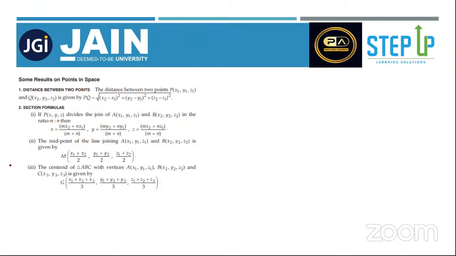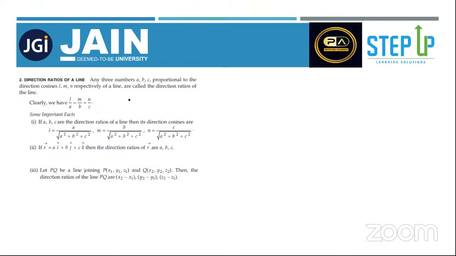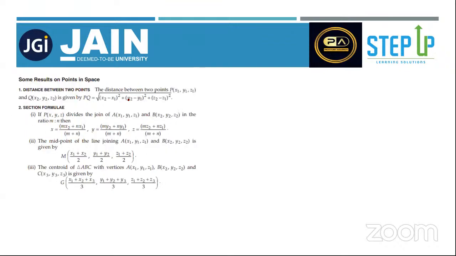Coming to the distance formula. If 2 points are given, point A is x1, y1, z1, and point B is x2, y2, and z2.